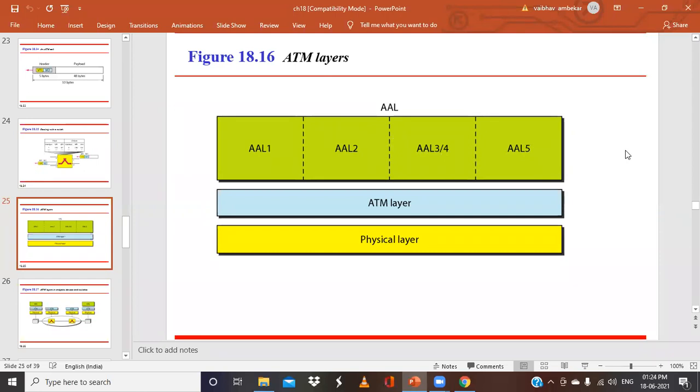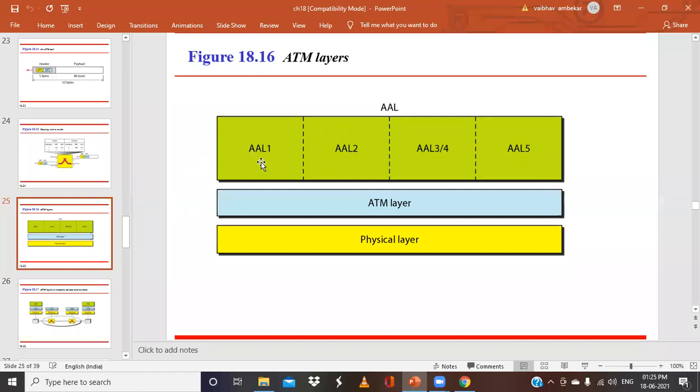In this we'll be discussing very briefly AAL1, AAL2 and so on. So what will AAL1 do? AAL1 is meant for supporting applications that transfer information at constant bit rate. If the information you are transferring is at a constant bit rate, then AAL1 can be used, for example video or voice.